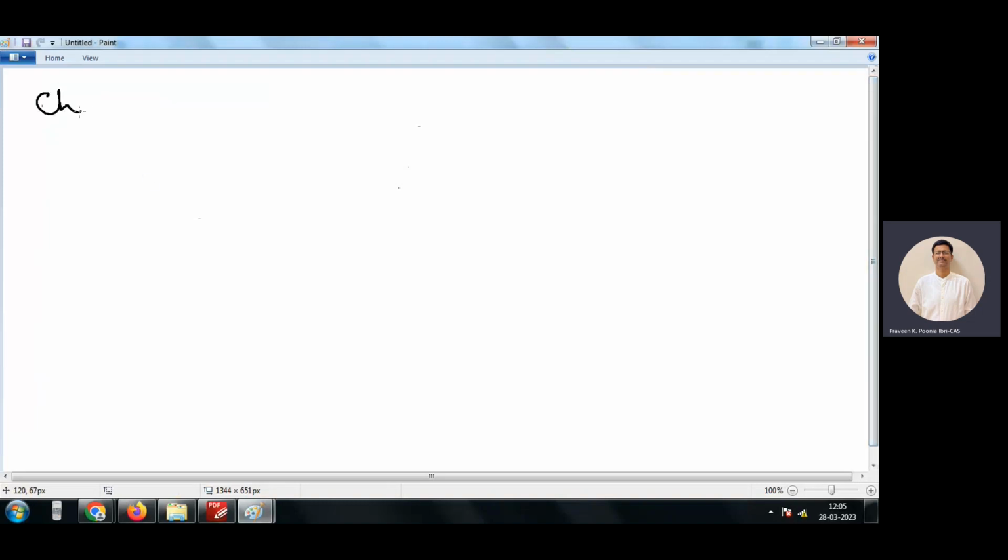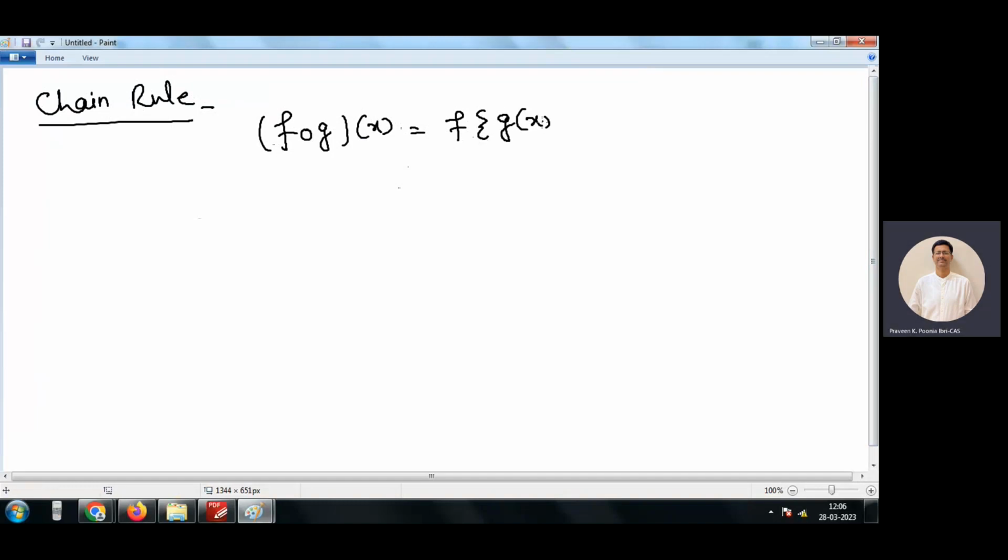So what is the chain rule? Basically, if you want to understand the chain rule, let us say you studied in pure mathematics the composition function, f composition g is equal to f of g(x). Clear? So if we want to find the derivative of f composition g, how do you calculate?